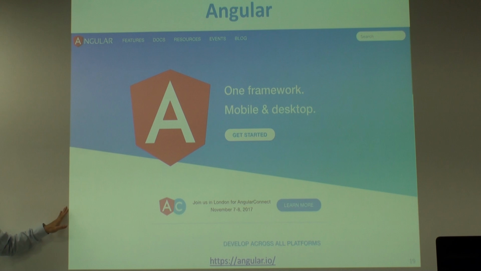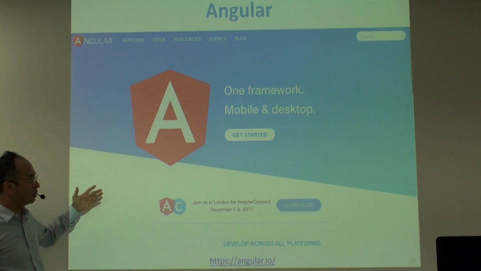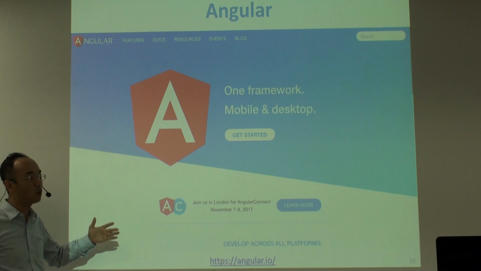Another famous framework for mobile and desktop is called Angular or AngularJS. This is AngularJS. Have you ever used AngularJS? No. AngularJS is also a famous framework developed across all platforms.